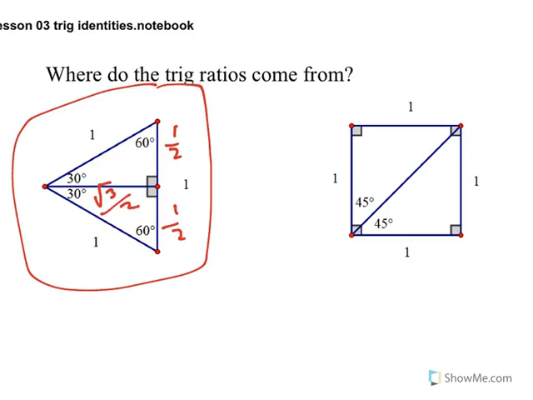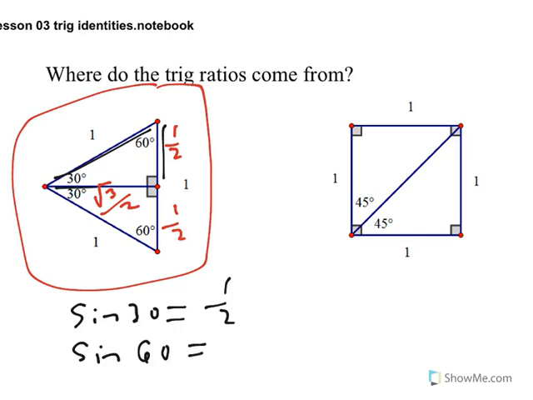And then I can work out what sine, cosine, and tangent are of 30, 60, and 90, because sine 30 is opposite over hypotenuse, so that's a half, and sine 60 is the opposite over the hypotenuse, so it's radical 3 over 2.